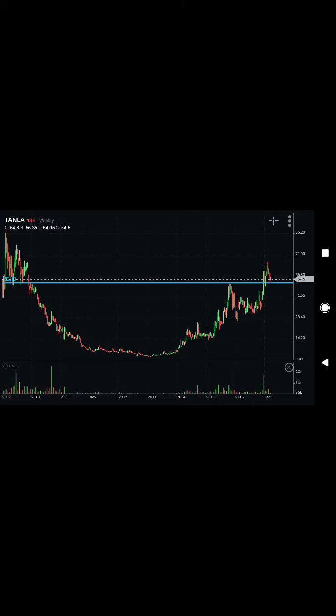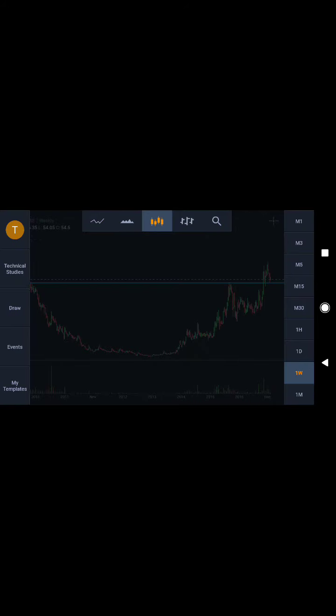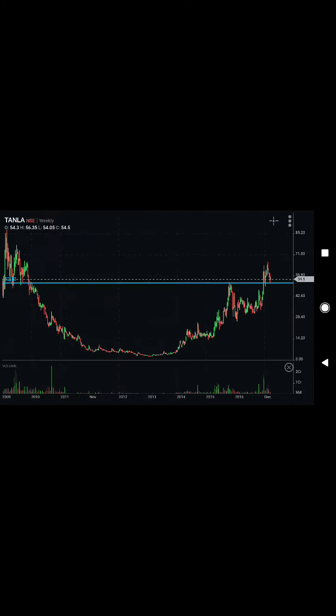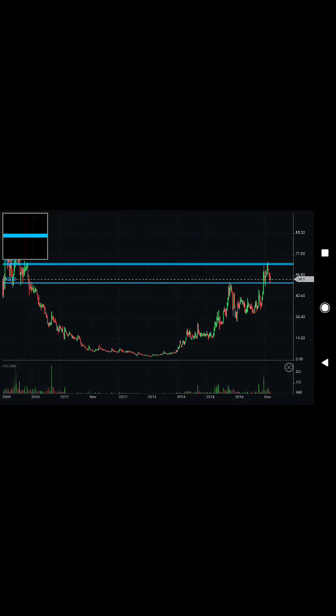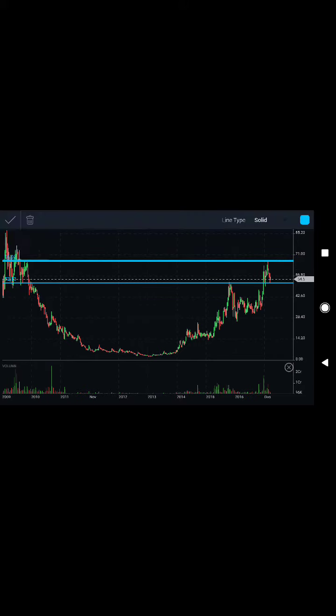It is a good cup and handle, a proper cup and handle, and I look to add around 50 again. It needed to sustain above this level, but it did not. Probably because of some result, around 68, 66, 65, it failed. It was a good resistance zone for the stock.